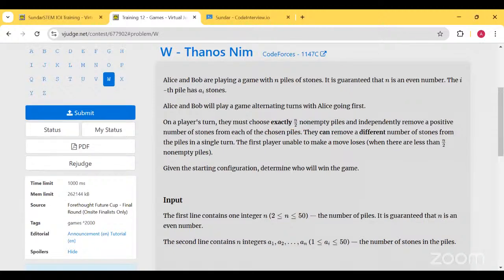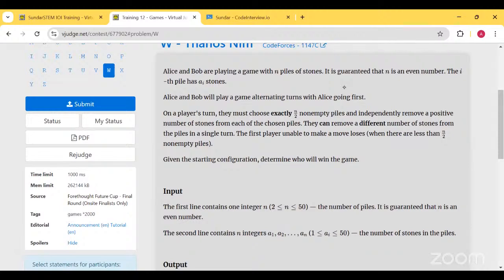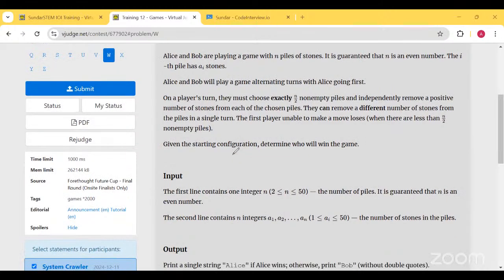Yes, that's correct. So the first player can win the game based on the minimum.